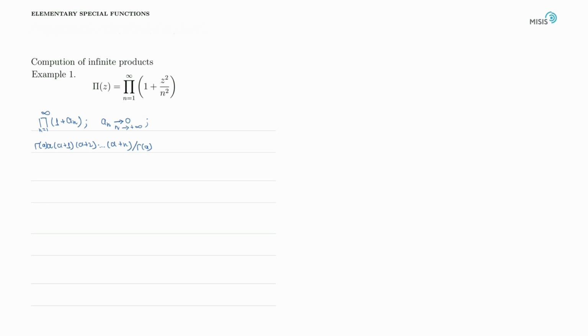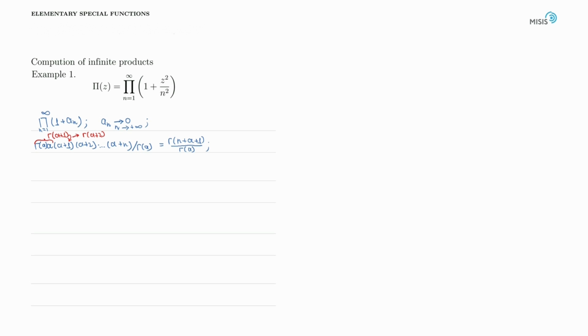And then it starts to convolute. For example, gamma of a times a will give you gamma function of a plus 1. Then you convolute gamma function of a plus 1 and a plus 1 to get gamma function of a plus 2. So it's a chain convolution. And finally, in the end, you will get gamma function of n plus a plus 1 divided by the gamma function of a. Okay, so we'll need it in a second.